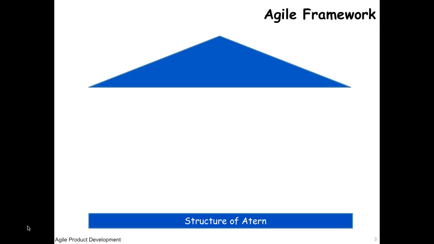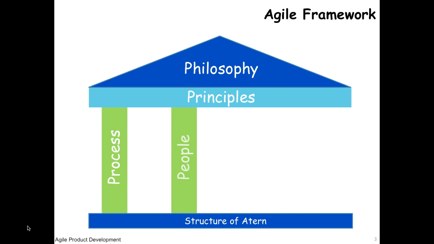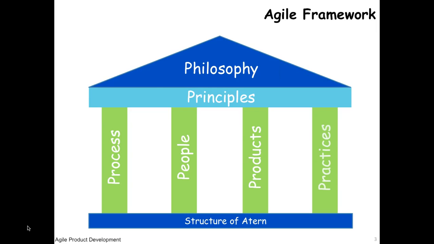Yes, sure. So we have this agile framework, the structure of a turn defined in that. The philosophy is to deliver on time, although we may not deliver everything. To support it, we have principles, processes, people, products, and practices.